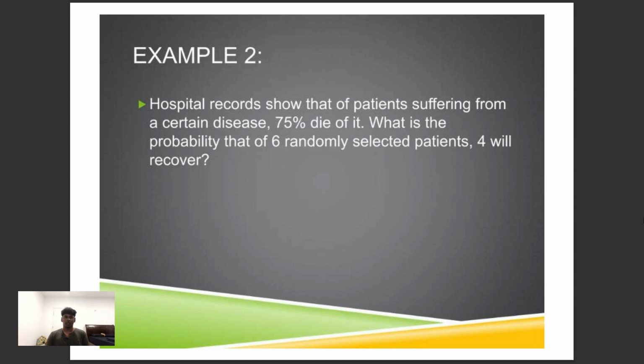Example 2. Hospital records show that of patients suffering from a certain disease, 75% die of it. What is the probability that of 6 randomly selected patients, 4 will recover?